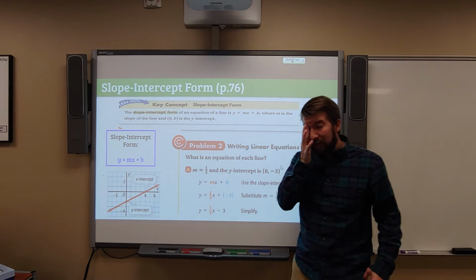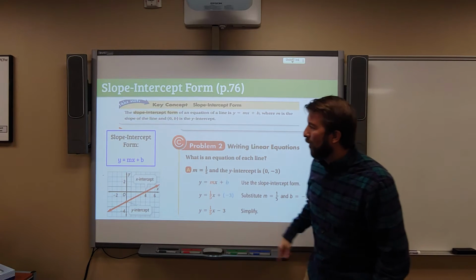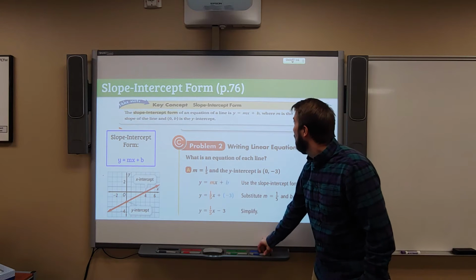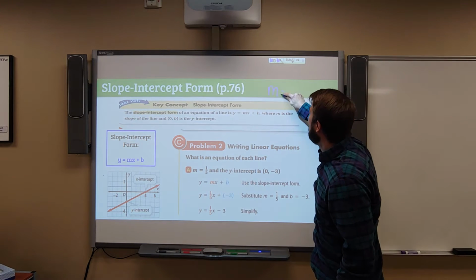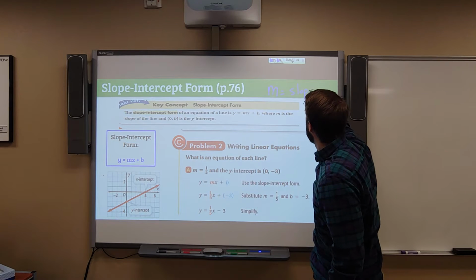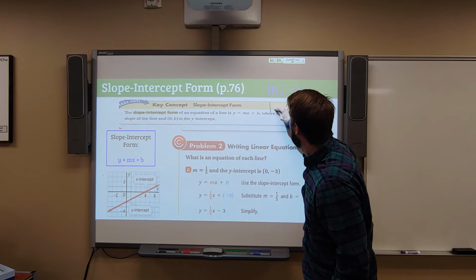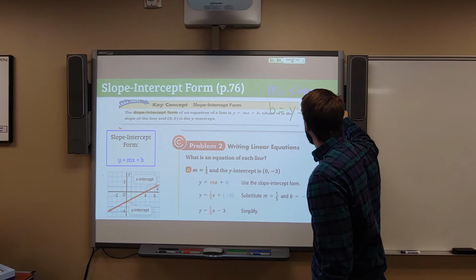All right, so now let's look at slope-intercept form. Slope-intercept form is y equals mx plus b, where m equals slope, and where b equals the y-intercept.